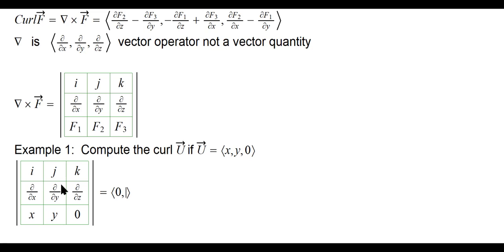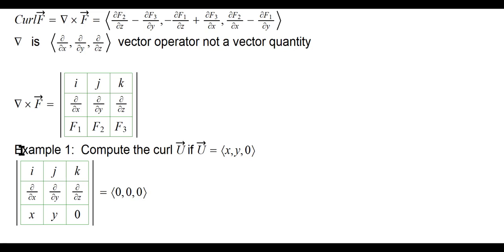Let's go to the second component. We'll ignore this and write the difference of ∂/∂x of the third component and ∂/∂z, which will of course be 0. Then ∂0/∂x will be 0. Now we go to the cofactor of k. Here also, the derivative of y with respect to x, and that of x with respect to y, is 0 as well. So the curl of the vector u is 0.